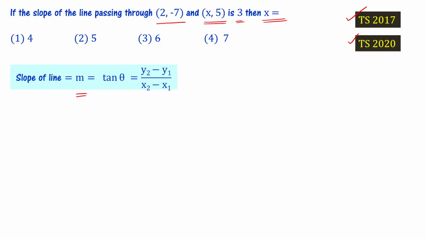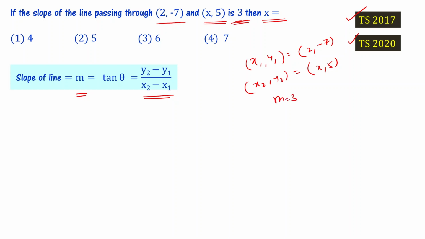Slope of the line m equal to (y2 minus y1) divided by (x2 minus x1). So let's say we have (x1, y1), that is (2, minus 7), and (x2, y2), that is (x, 5), and slope is given, that is 3, right?